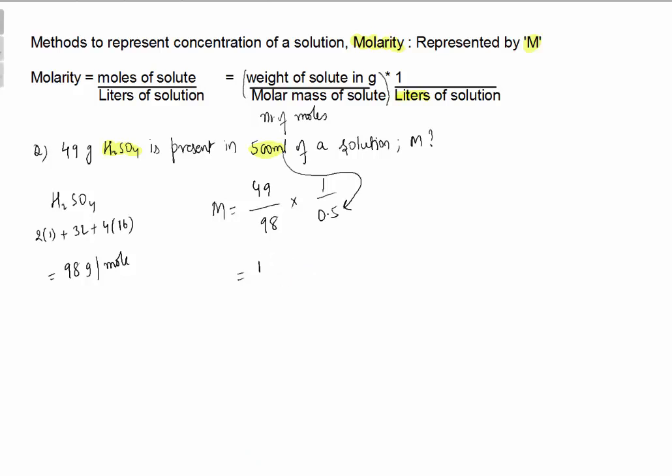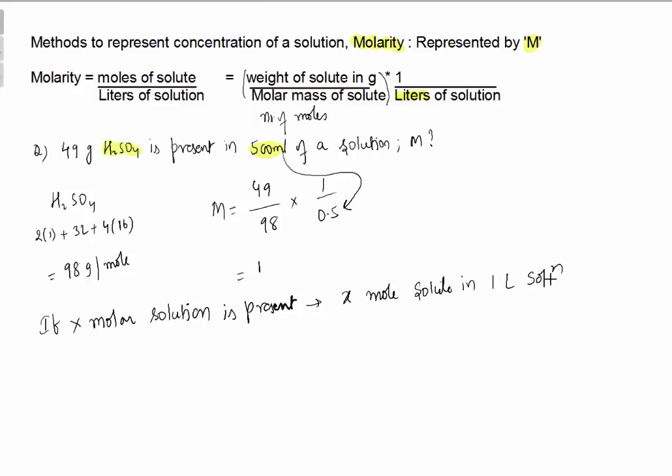Now, from this, what we can decipher, if X molar solution is present, then it has X mole solute in 1 liter solution, or X by 2 mole solute in half liter solution.